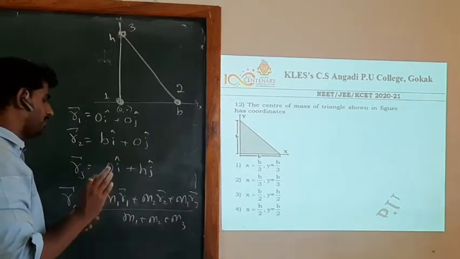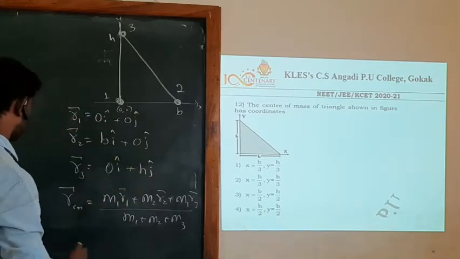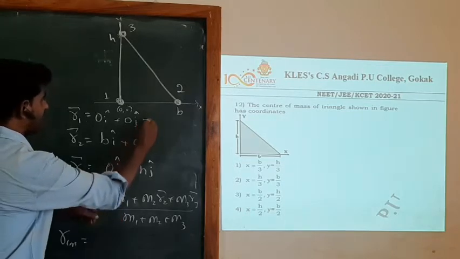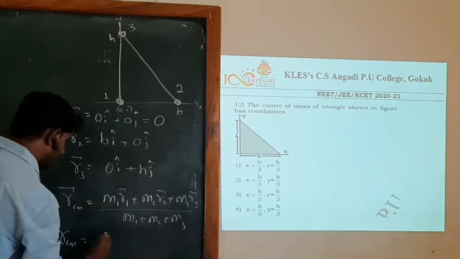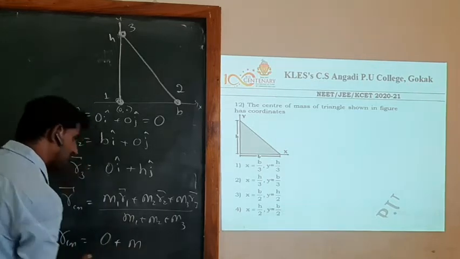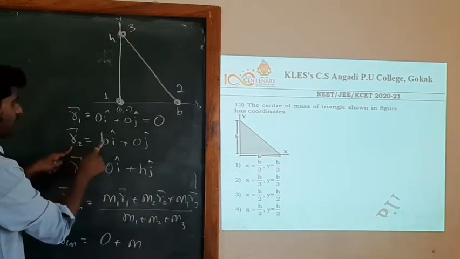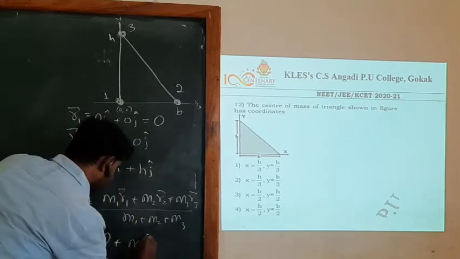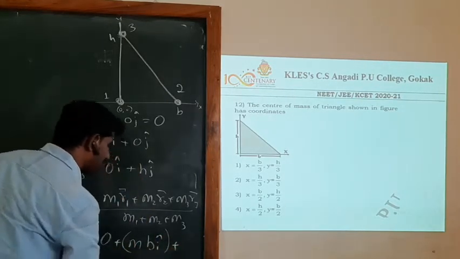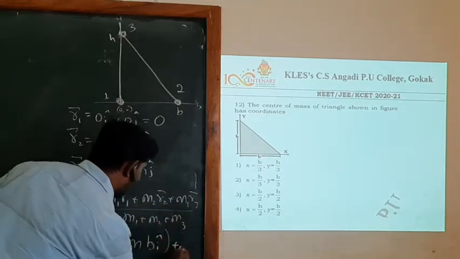So I will write m for all the mass terms. Next, R_CM is equal to the first term, m1 into r1. The r1 value is completely 0, so no need to write this one. So this is 0, and m2 into r2. The m2 value is m. R2 equals b into b i cap, and the 0 term we don't need to write, plus m3 into r3.